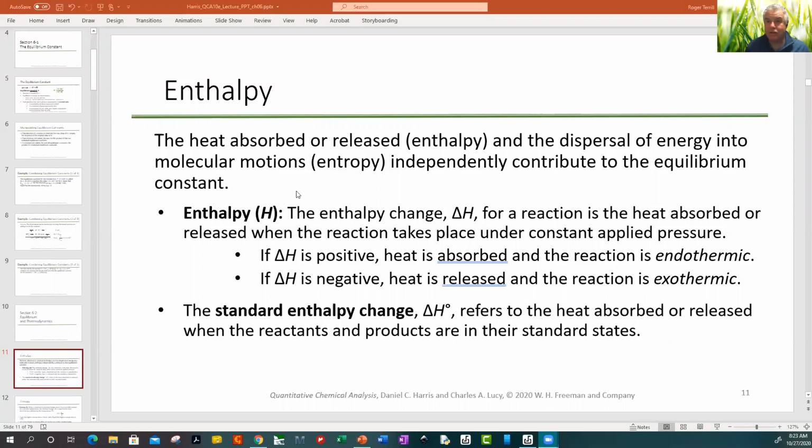All right, so enough blah, blah, blah. That's not really relevant to this class, but hopefully it adds a little context. So if delta H is positive, heat is absorbed, and the reaction is endothermic.